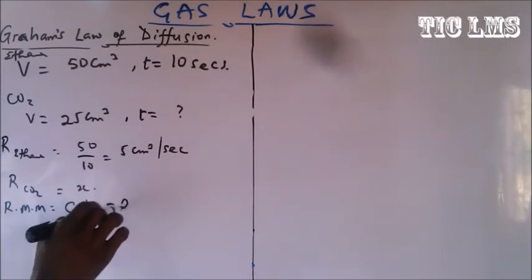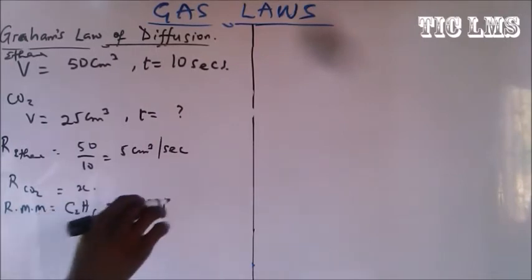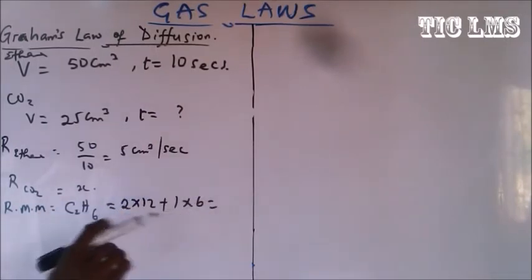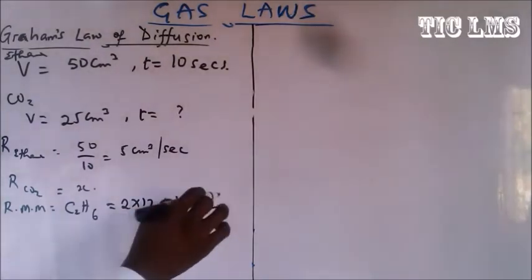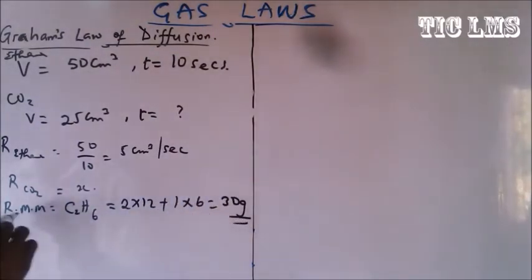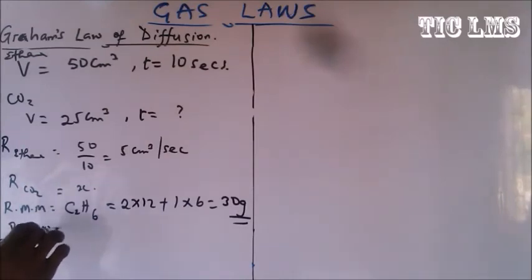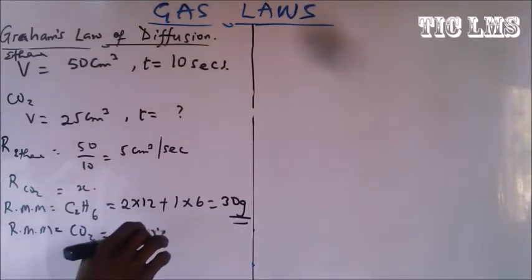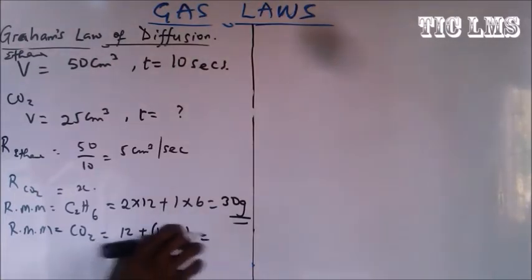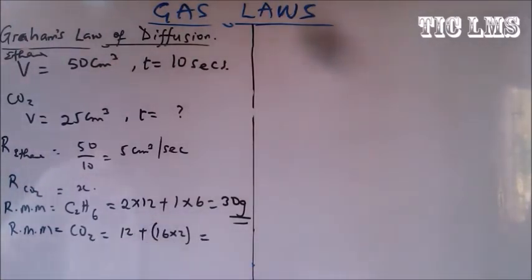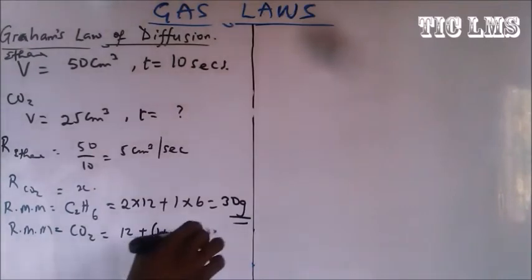We have 2 times 12, plus 1 times 6, so when we add all this, we have 30 grams. And for CO2, carbon is 12, oxygen is 16 times 2, and when we multiply and add, we have 44 grams.